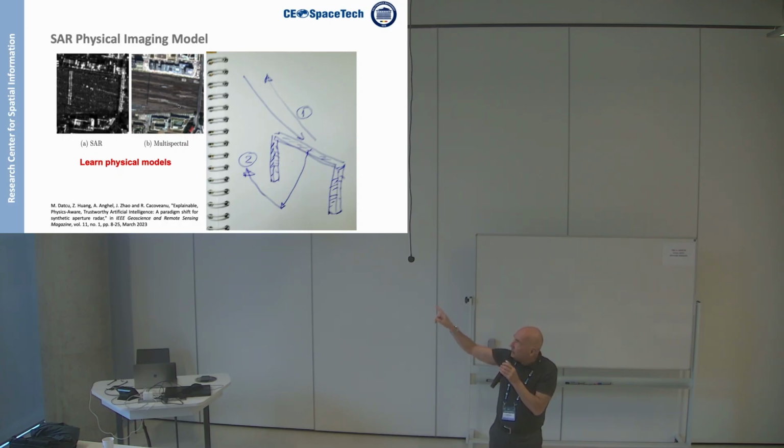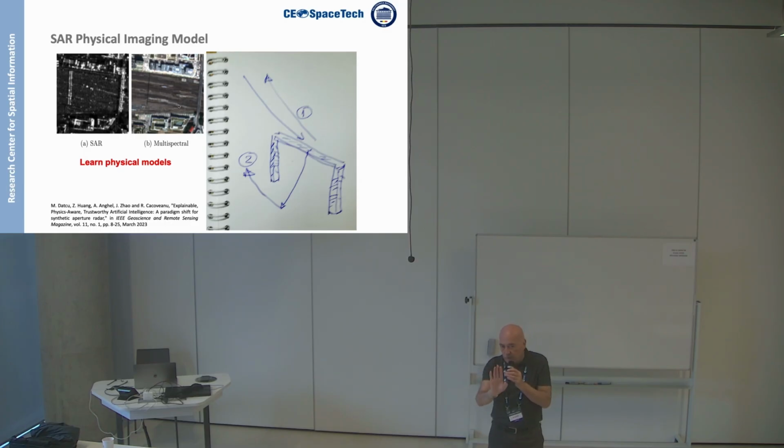The right pattern is one single reflection on the railway power line. The other is a double bounce. The machine learning we develop should not understand a double line like computer vision, visual perception, but should learn that it is a single scattering or a double bounce. And this is the difference between physics-aware machine learning, artificial intelligence for Earth observation, and computer vision.